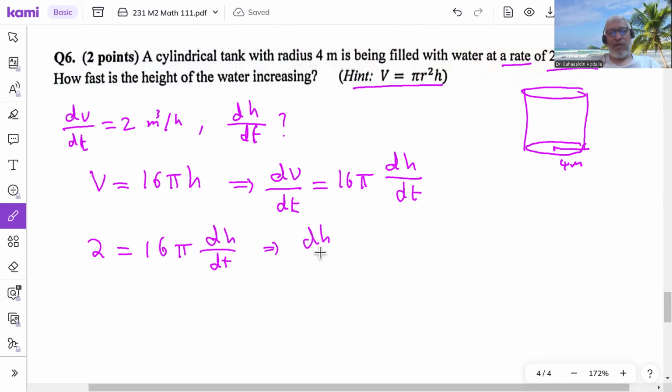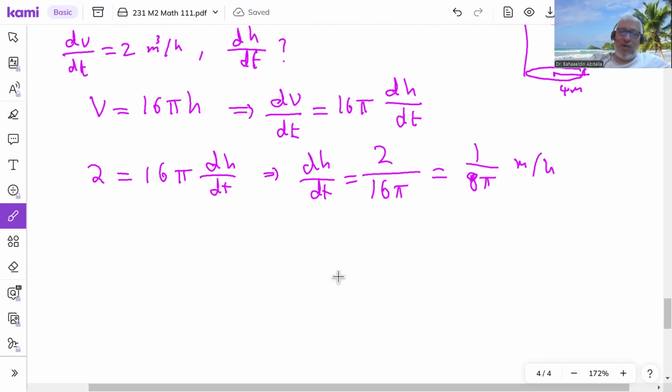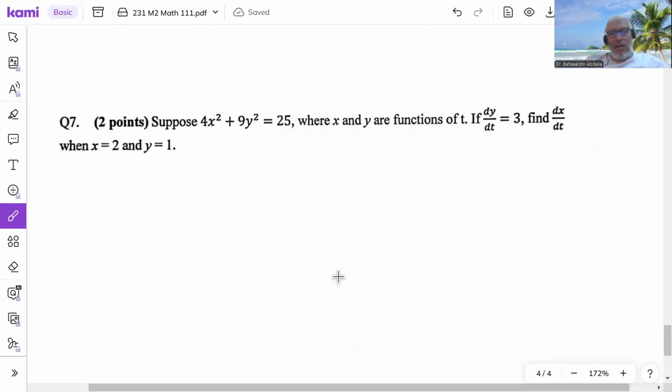So what would be dH by dt? It would be 2 over 16 pi. We divide by 16 pi, both sides. So I'll have 2 over 16 pi, or 1 over 8 pi. That's the answer. H is measured by meter, time measured per hour. So the answer is 1 over 8 pi meter per hour. This is the rate of change of height with respect to time.